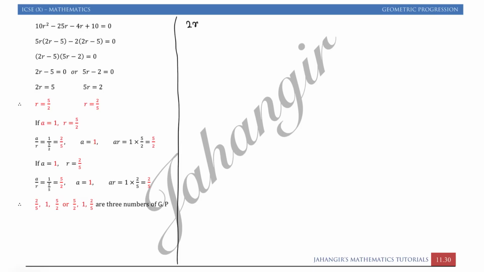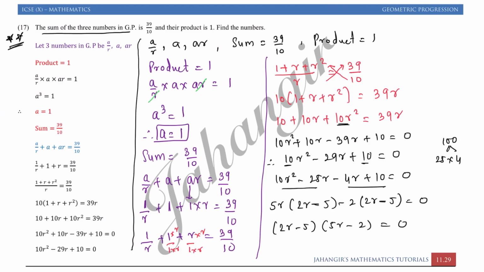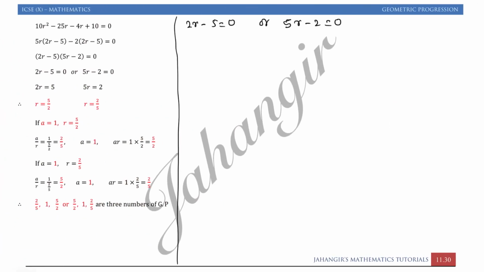So we can write 2R minus 5 equal to 0 or 5R minus 2 is equal to 0. Let us check: 2R minus 5, 5R minus 2. So 2R is equal to 5, R is equal to 5 by 2; 5R is equal to 2, R is equal to 2 by 5.